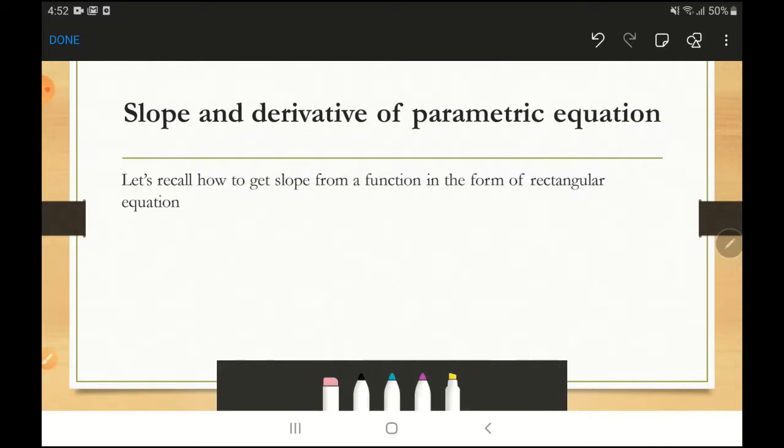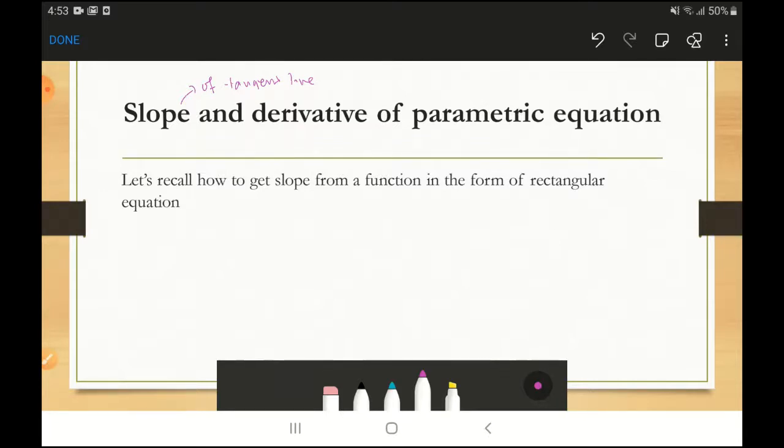So the first one, we're going to talk about the slope of a tangent line, the slope of tangent line and the derivative of a parametric equation and how they are related to each other.